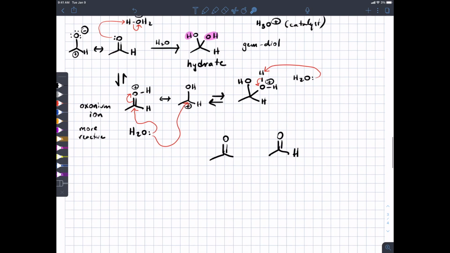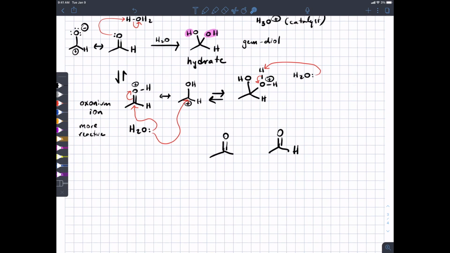We're going to do now a related reaction where instead of using water as our nucleophile, we're going to use an alcohol. And this is going to help us get ready to understand the structure and the reactivity of sugars, carbohydrates. But before we do that, any questions about the hydrate mechanism?